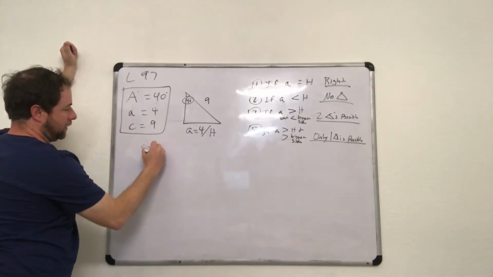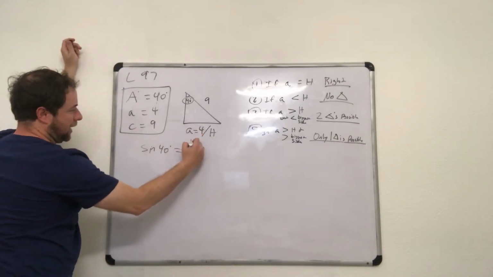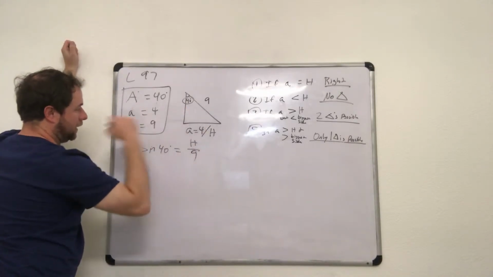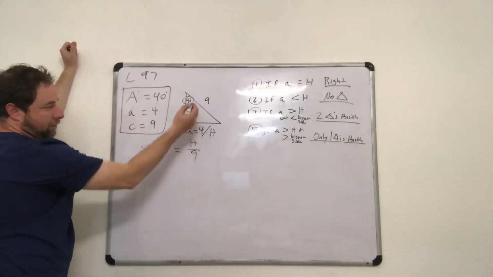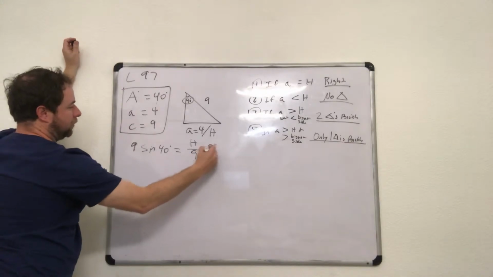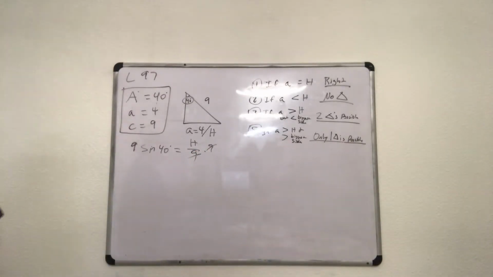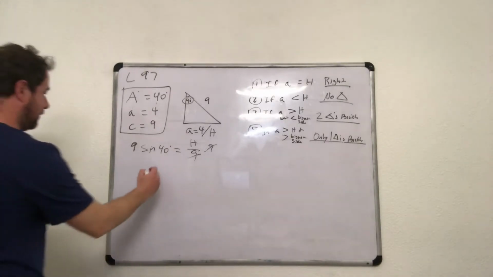Sine of 40 degrees equals opposite over 9, almost as if 9 is the hypotenuse. We'll multiply both sides by 9, so we hit 9 sine 40, and we get 5.785.